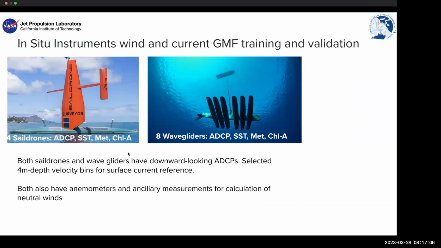The most important ones so far have been sail drones and wave gliders.